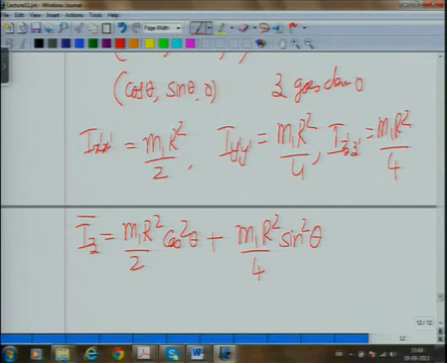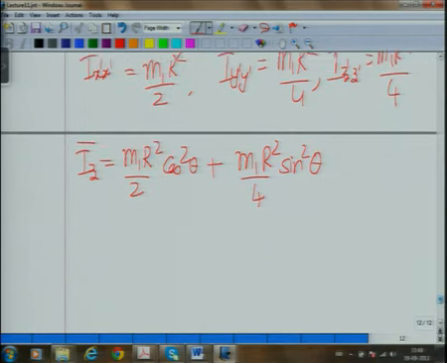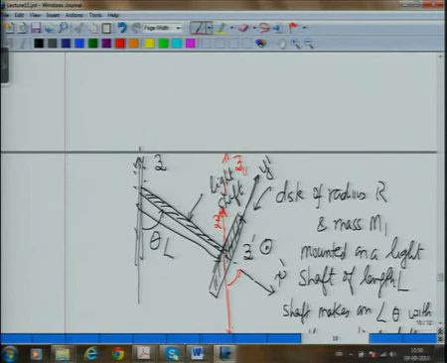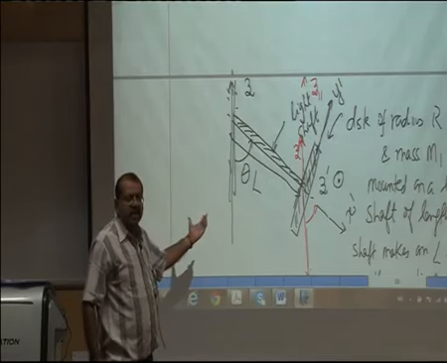Now we have to find I about z. This is the z axis, and this is the z parallel axis. What is the distance between these two axes? The perpendicular distance between these two is L sin theta.